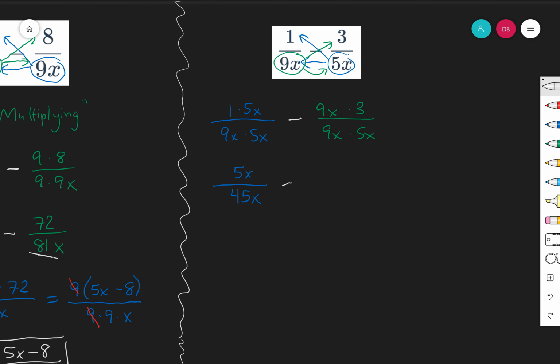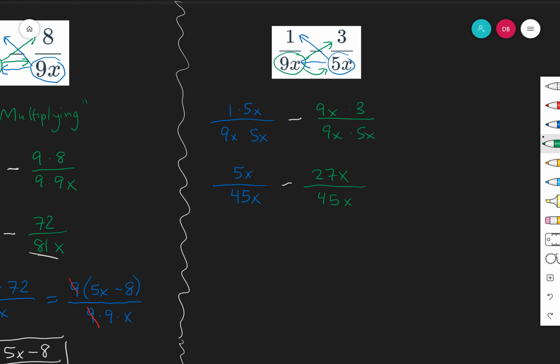We're still subtracting. 9x times 3 is 27x. 9x times 5x is 45x. So if you get to this point and you don't have a common denominator, something went wrong. Either you chose the wrong thing to multiply by, or you multiplied incorrectly, which is always a possibility, as you can tell when I couldn't multiply 9 times 5 in the last example.